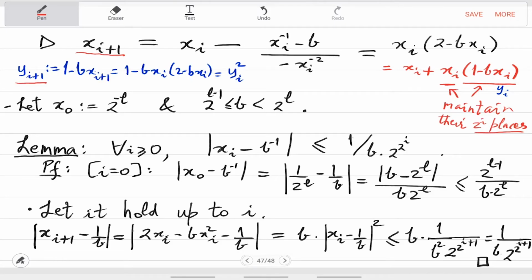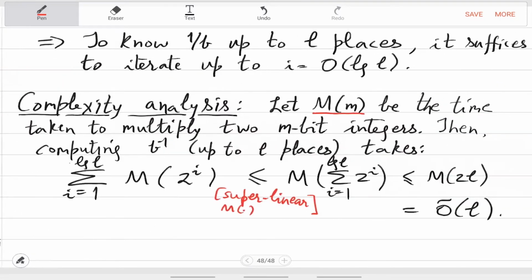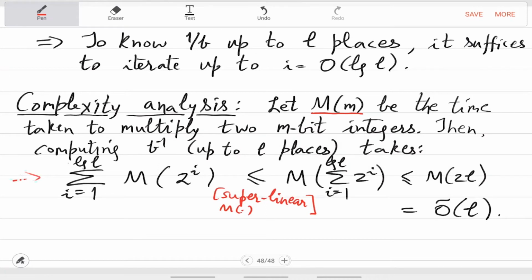So that was useful in this final complexity analysis, where big M(m) is the complexity of multiplying two integers each of small m bit size. In terms of that, you get this expression for integer division. This expression is the sum over big M of 2 to the i, and you want to compute 1 over b up to L places.